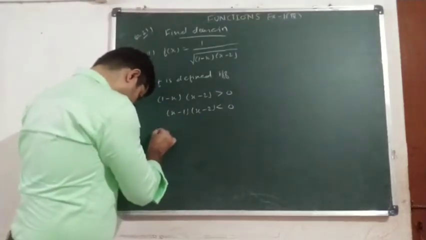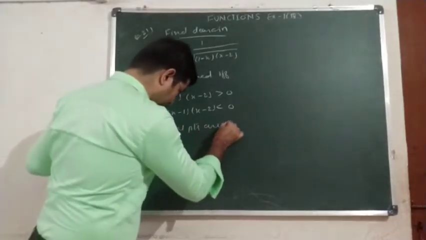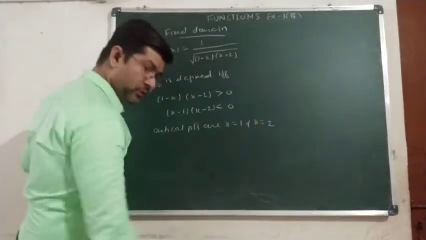Okay, here critical points are x is equal to 1 and x is equal to 2.